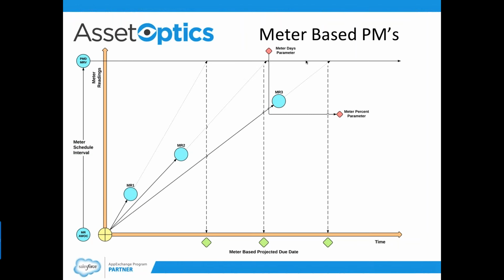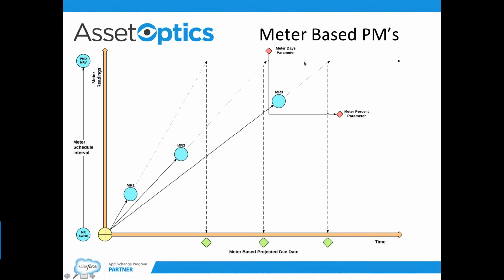So when we set up the system, by default, there are 2 parameters which you as an end user can change. And what these 2 parameters define are how close to the full percentage of the meter readings I have to get, and how close to the actual projected due date I have to get, before the system releases that work order.